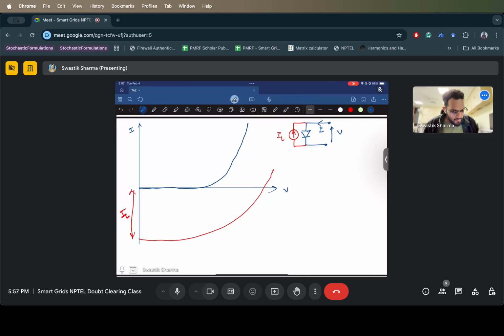Now, this is not what I'm looking for. This I current should not go from this node, it should go into this node. So its direction should be like this. Let me draw it.